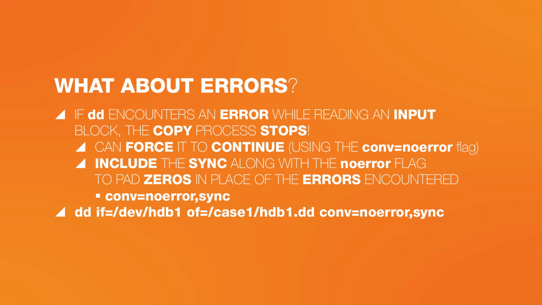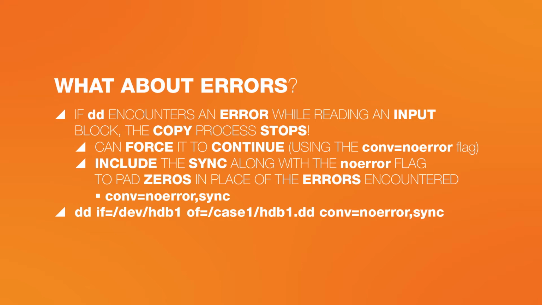More specifically, conv=noerror will instruct dd to pad the bad sectors with zeros and move on to continue copying the rest of the data. The sync option instructs dd to keep the sectors in the target device aligned with those from the source device. Thus, data will not be misplaced in the wrong physical location on the destination copy.